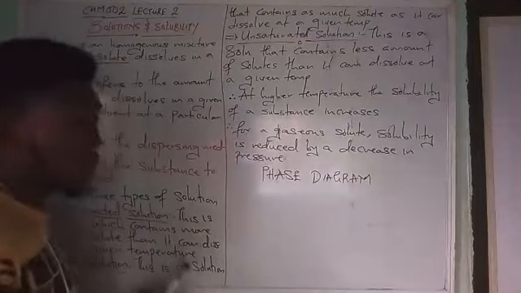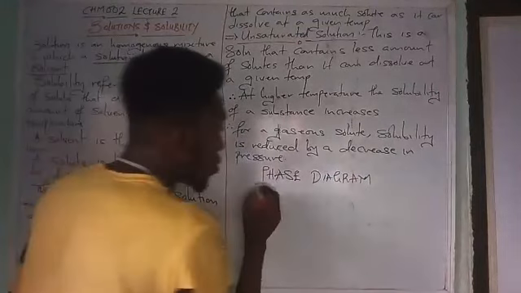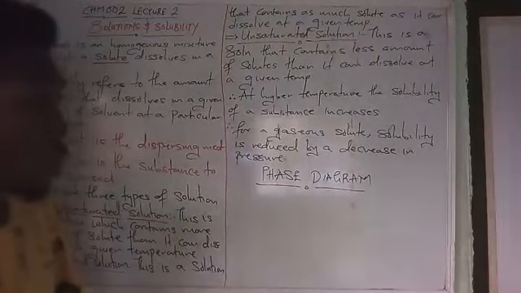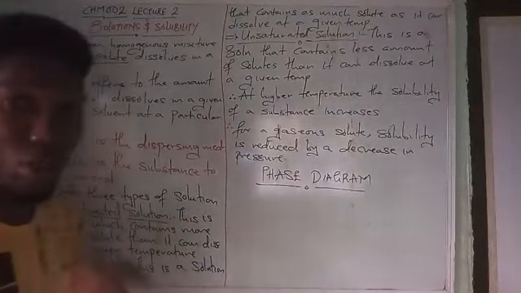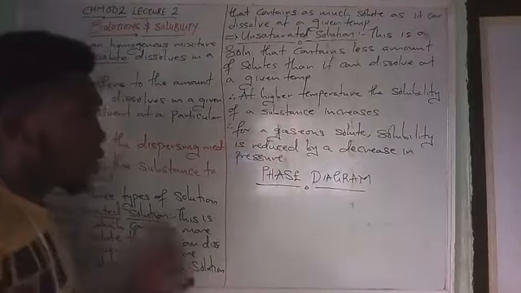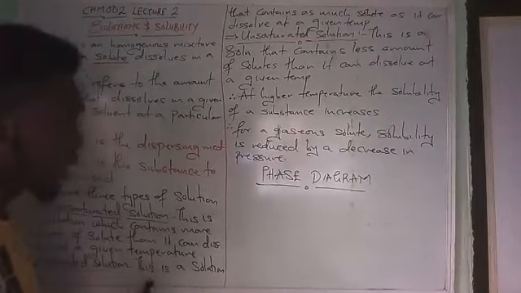Naturally, we have three phases of matter, although there is a fourth one known as plasma, but we're going to be looking at three phases of matter: solid, liquid, and gas.